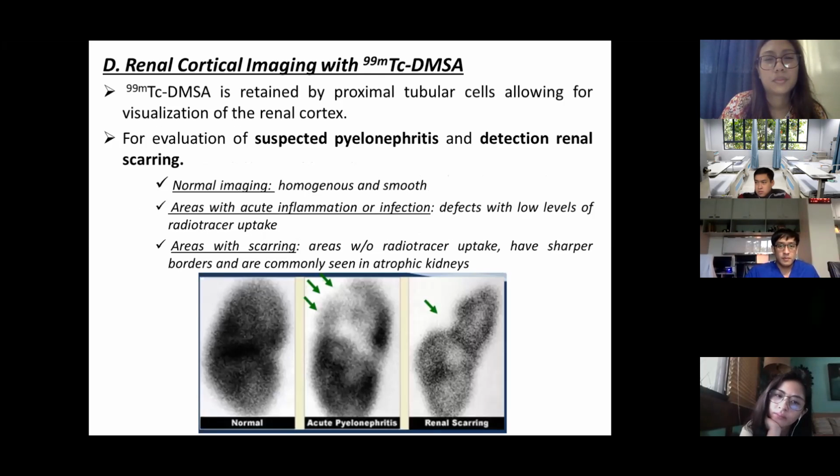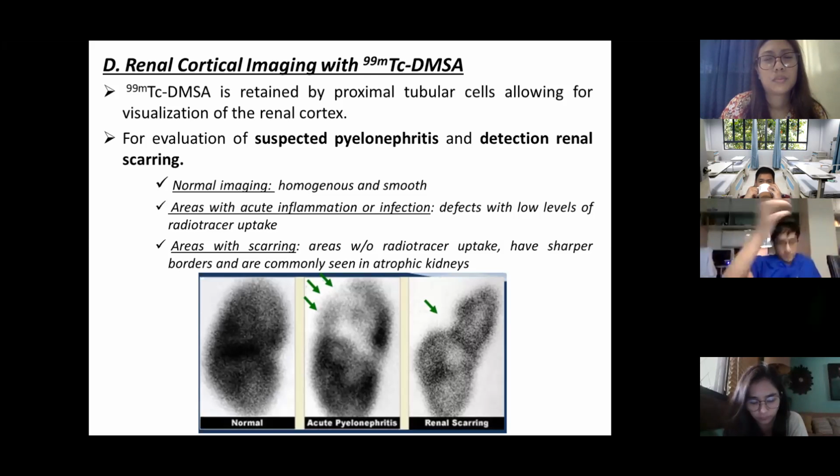And lastly, renal cortical imaging with Tc-DMSA. The DMSA is retained by proximal tubular cells, allowing for visualization of the renal cortex. This can be used for evaluation of suspected pyelonephritis and detection of renal scarring.